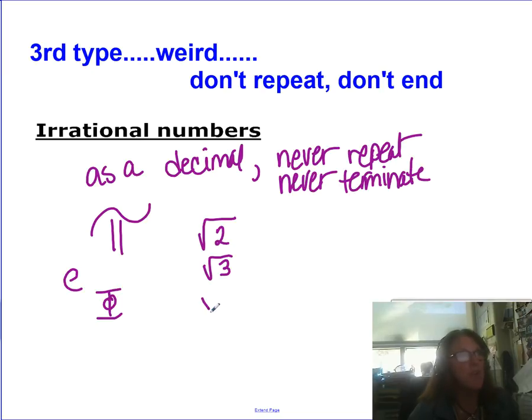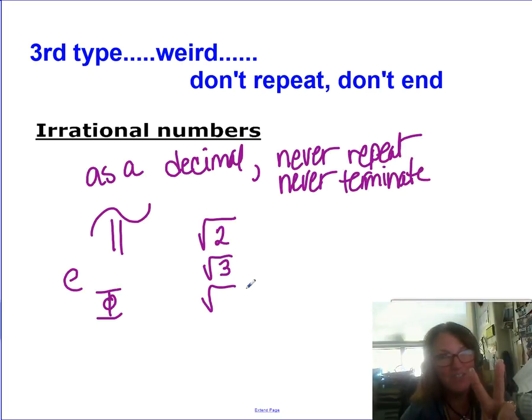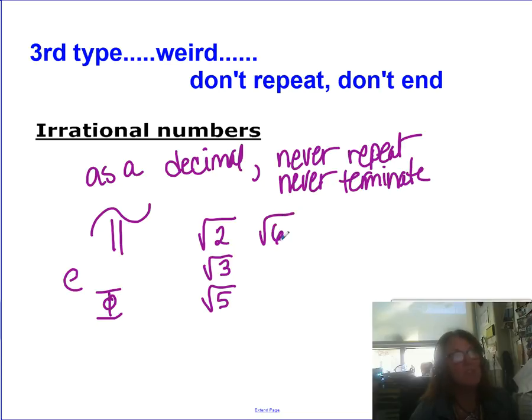The square root of, I can't say 4, because remember what the square root of 4 is? That's exactly 2, which makes it a beautiful natural number. So I can't say square root of 4, but I can say square root of 5. Yep. Square root of 6. Yep. Square root of 7. Yep. Square root of 8. Yep. Square root of, not 9.